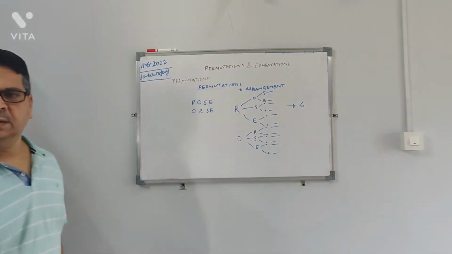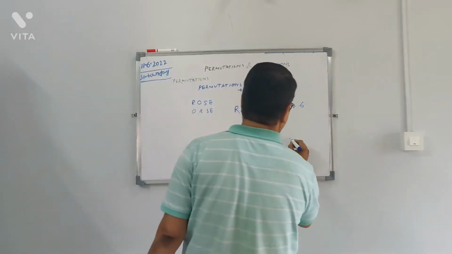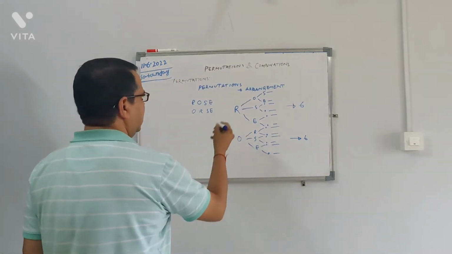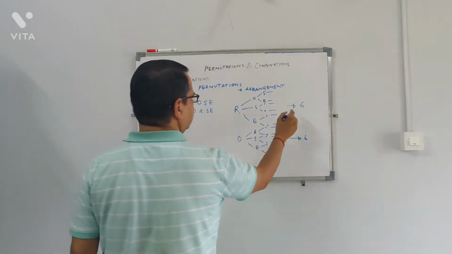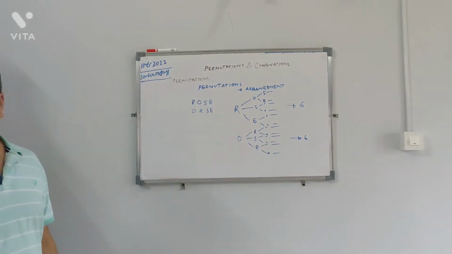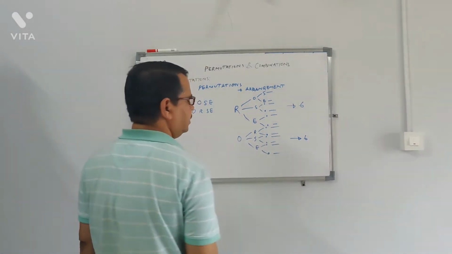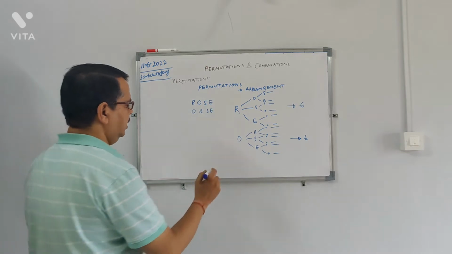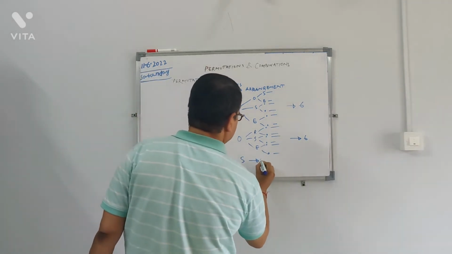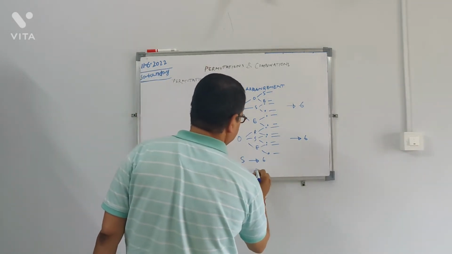This is another 6. So likewise with R, with one character you arrive at 6 arrangements. With the second character, another 6 arrangements. Similarly with S, another 6, with E, another 6.